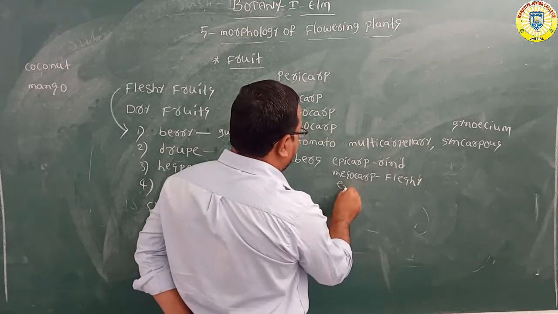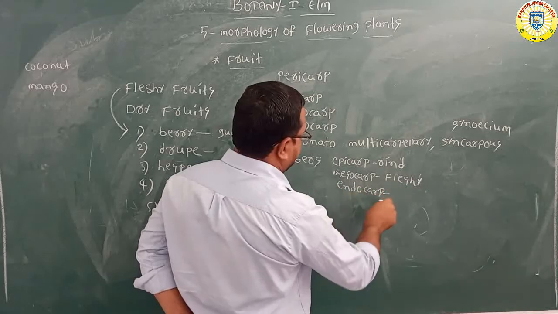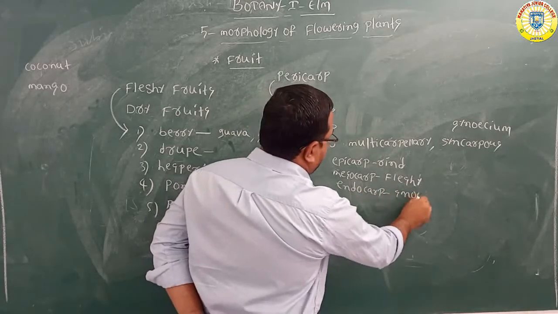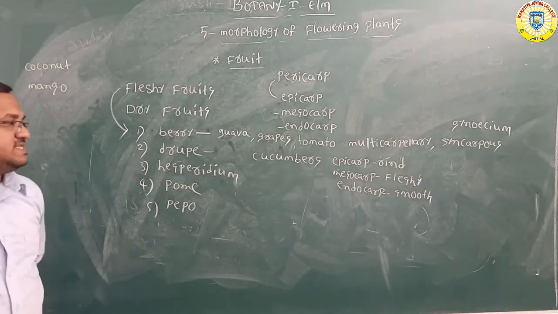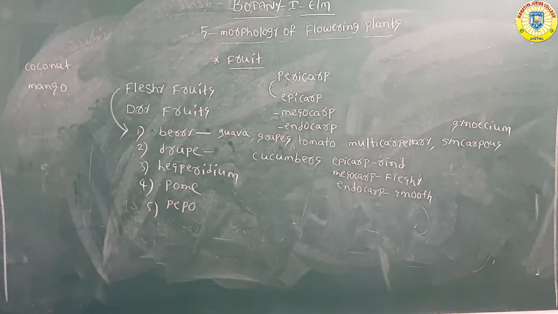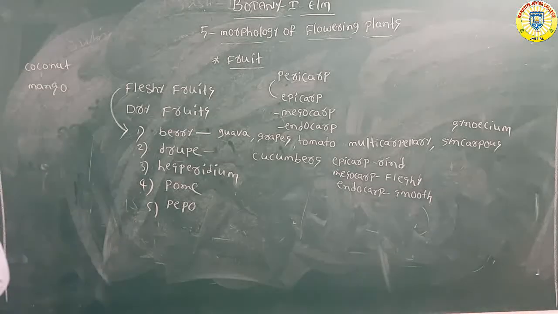And the endocarp is smooth. In cucumbers, the epicarp is rind, meaning a hard structure. The mesocarp is fleshy. The endocarp is smooth.